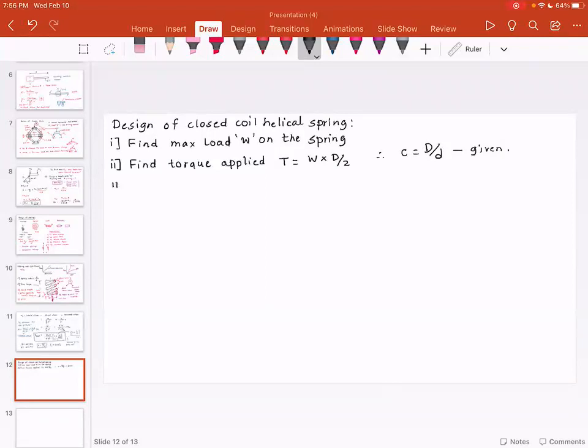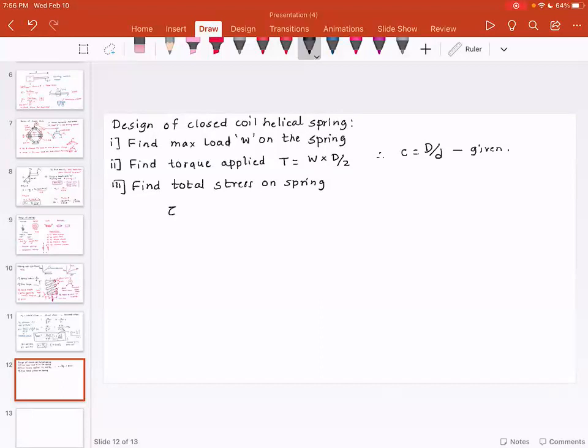The next thing is find the total stress on spring, and you can use either the Wahl equation or the regular equation.